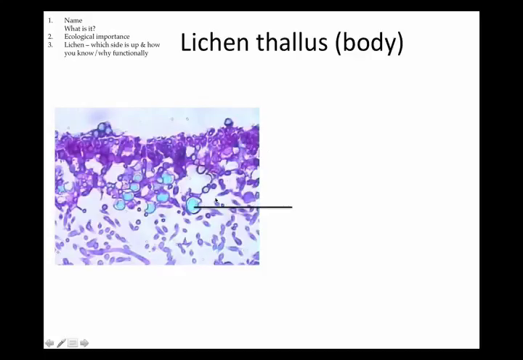And they are useful because they are good pollution detectors, air pollution. They die if there's air pollution, so that can help monitor the ecosystem, by humans at least. They are also good pioneer species. What I mean by that is that these guys can grow on rocks.